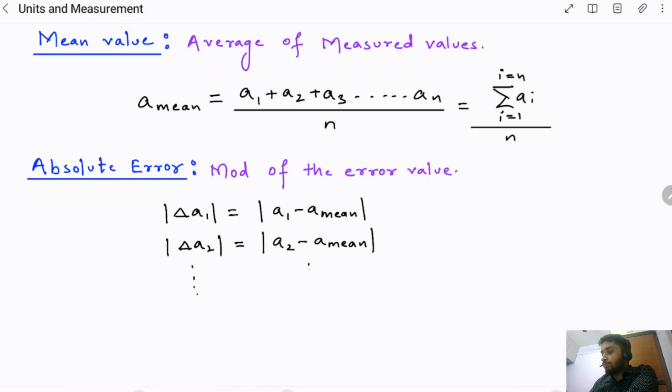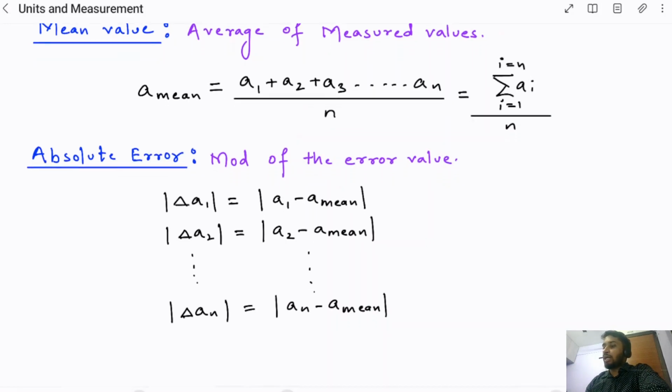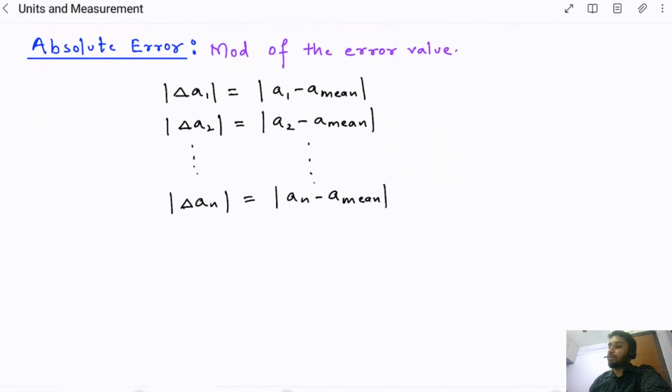So on, we have mod of delta an, that is mod of an minus a mean. Here we are calculating the absolute error values in all the measurements. So first we calculated the mean value, then the absolute error values, and then we calculate the mean absolute error.